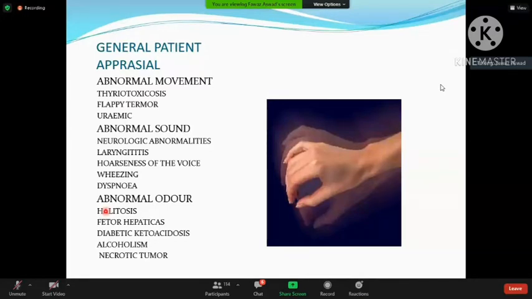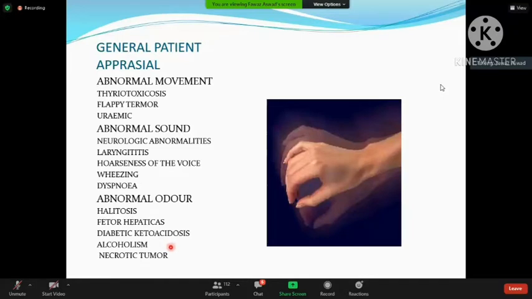Or sometimes there will be ketone bodies represented by sweetness of the breath in diabetic ketoacidosis. Or sometimes patients with alcoholism, or patients with impaired liver function tests. That is to say, fetor hepaticus of liver failure, meaning a rotten smell is present.